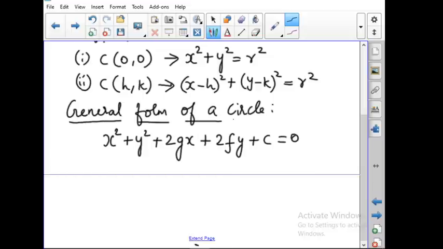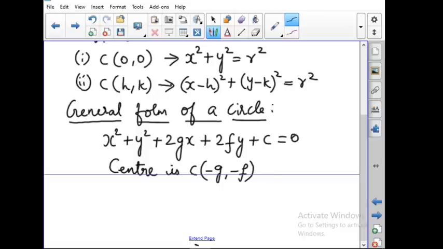You have to be very clear with this equation because we are going to find the radius and center from it. The center is C of (minus g, minus f). If you want to find the center for the given equation, equate the coefficient of x to find g and write minus g, and equate the coefficient of y to find f and write minus f.